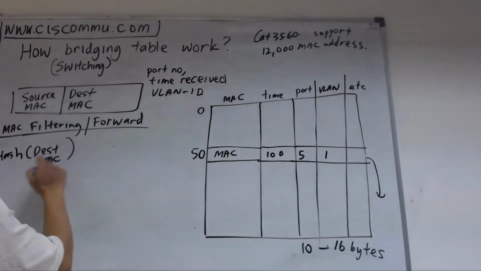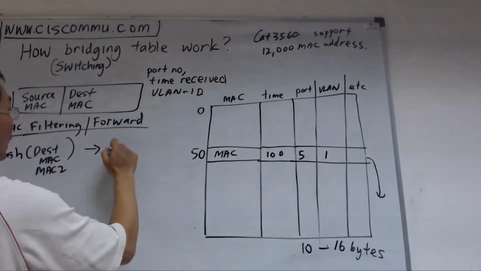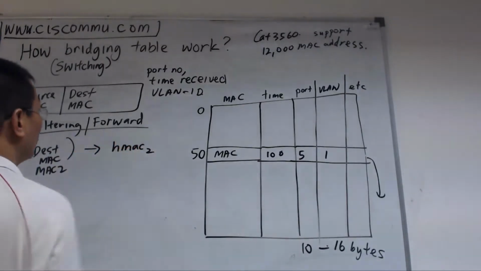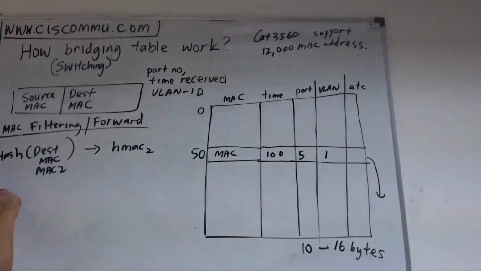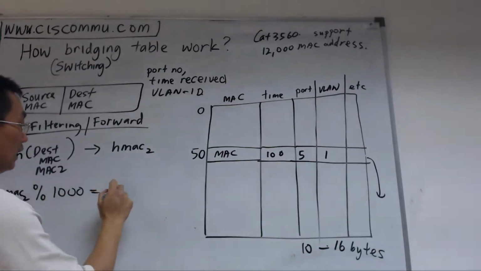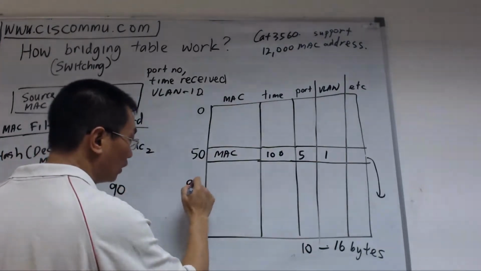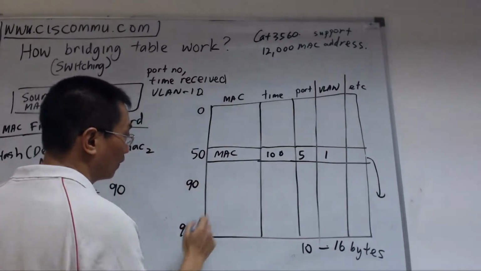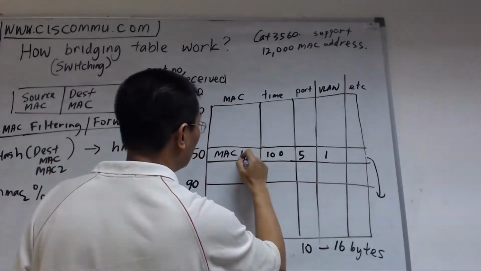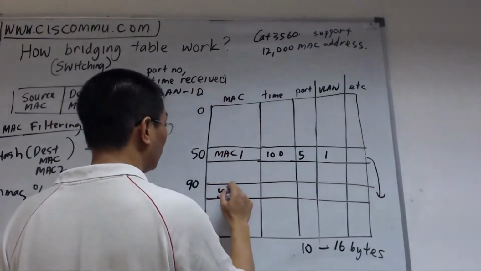Let's say this is MAC 2, and you get a value HMAC2. Then you take the HMAC2 and modulus with 1000, and let's say you get 90. So you go to memory location 90 and you see the MAC address here, let's say it's Y2.